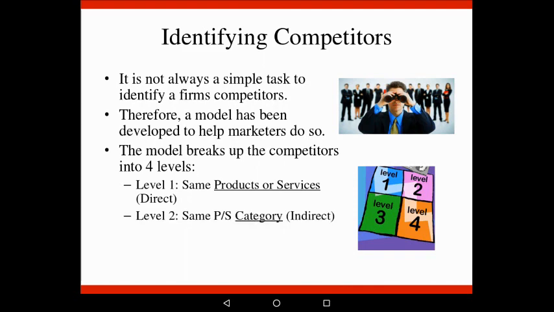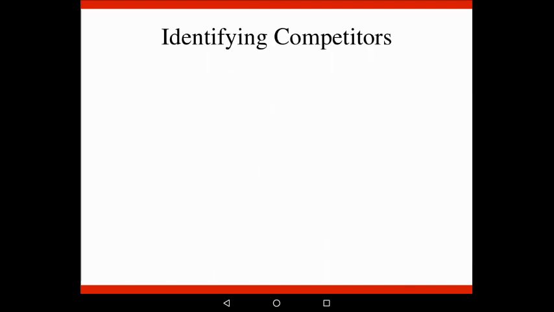Level 2 is the same product or service category, that's indirect competitors. Level 3 is companies that satisfy the same need. And then lastly, level 4, companies that try to access the same spending power. Now, okay, what do all those 4 mean? We're going to look at them individually now.